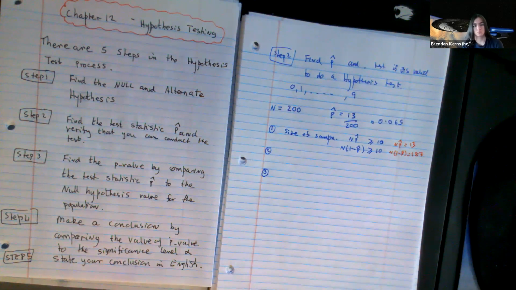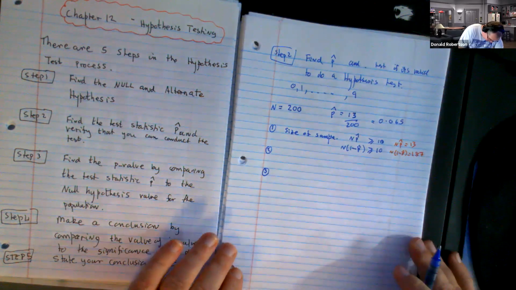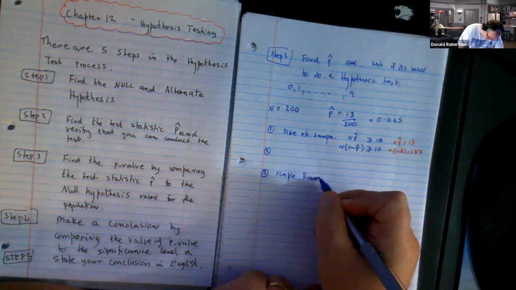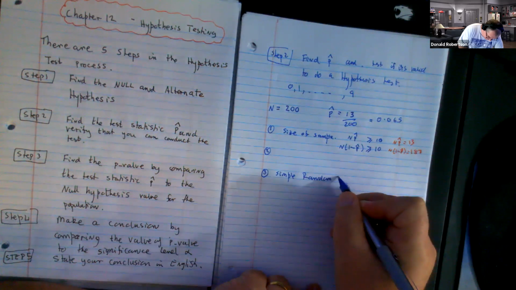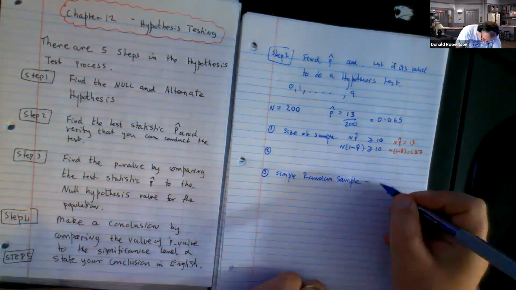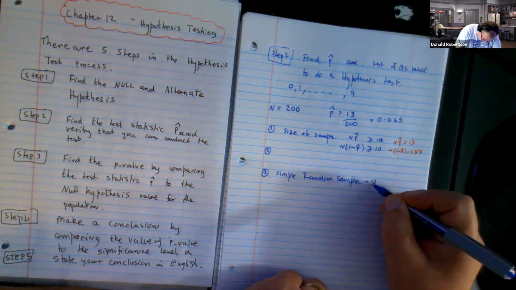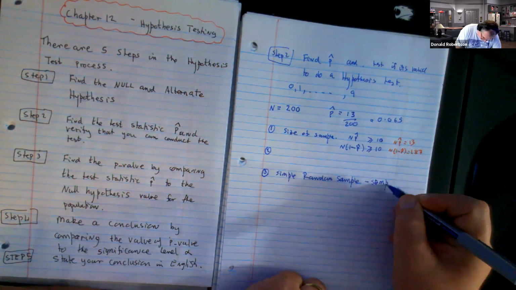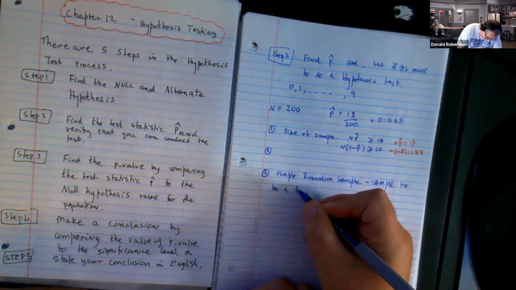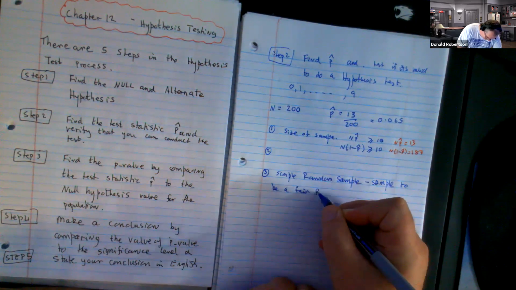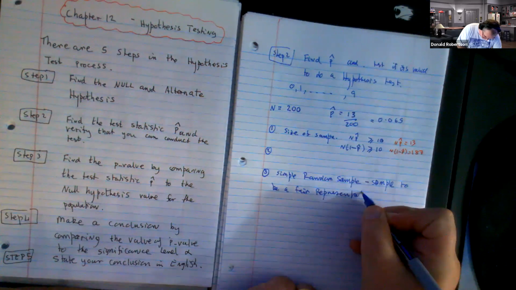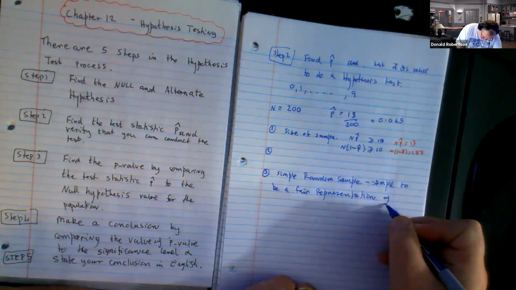So we would want a simple random sample. And the reason we want that is because don't we want our sample to be a fair representation of the population?